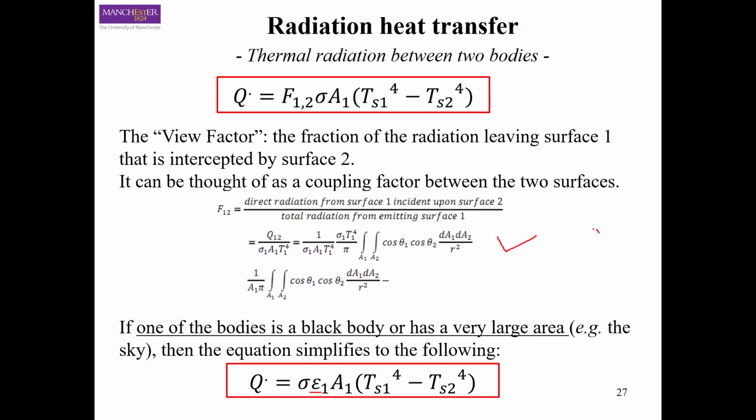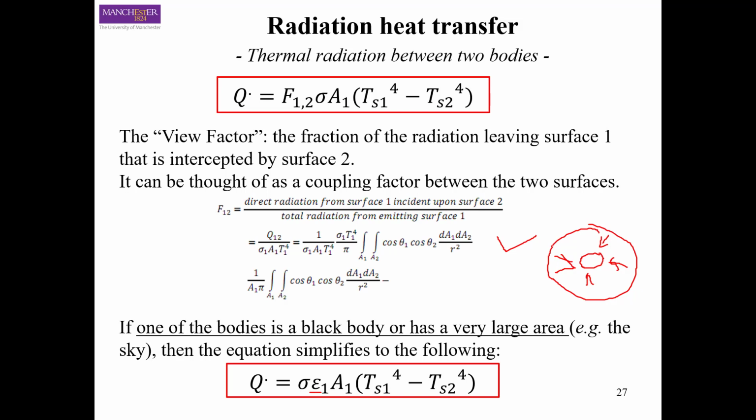So for example, this is the sky, or the space around us, and this is the earth. All the energy is coming from the sun. Now we can ignore the shape factor for two reasons. One, we can assume that the sun is a black body.